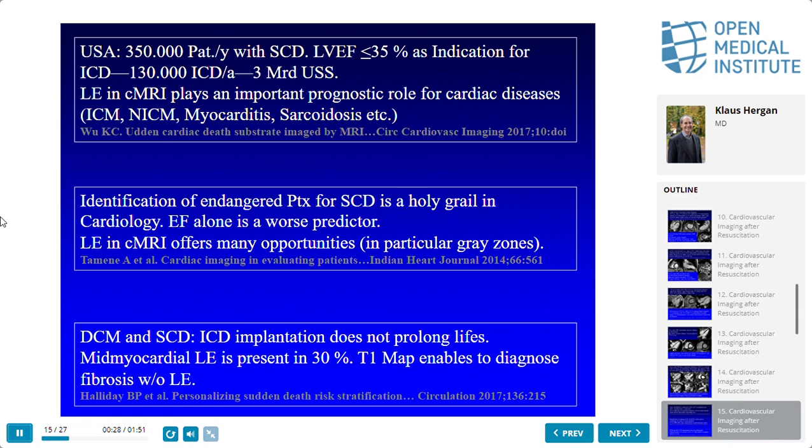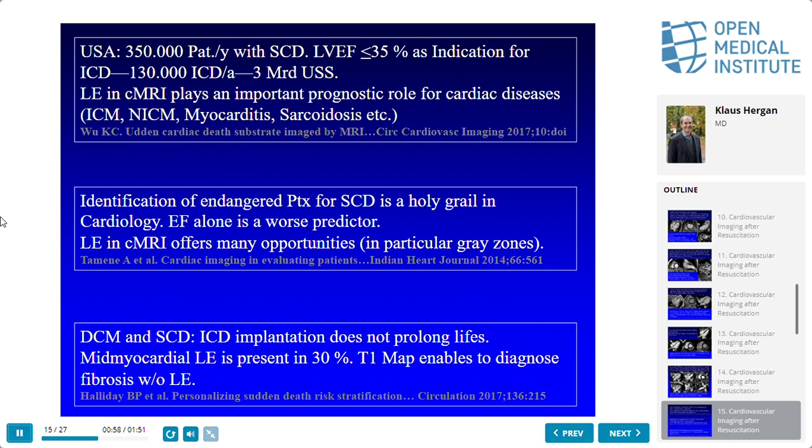The interesting point is that in this case study, late enhancement didn't play a role, but it would play a role if they would work it up. And I guess that in these cases also those patients would receive an ICD. The problem is how to identify those patients who have or are endangered to have sudden cardiac death.